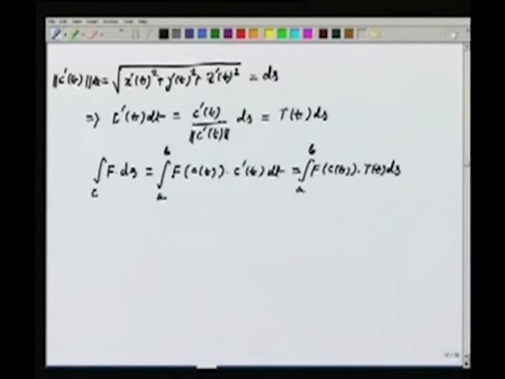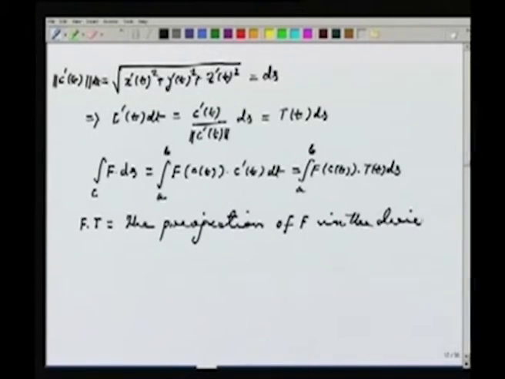But what is f dot T? What does this mean? It means the projection of the vector field f in the direction of the tangent vector to the curve.